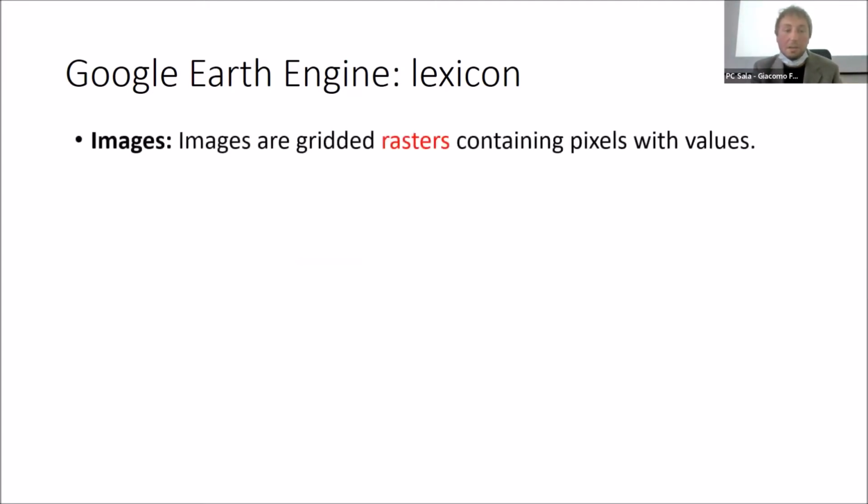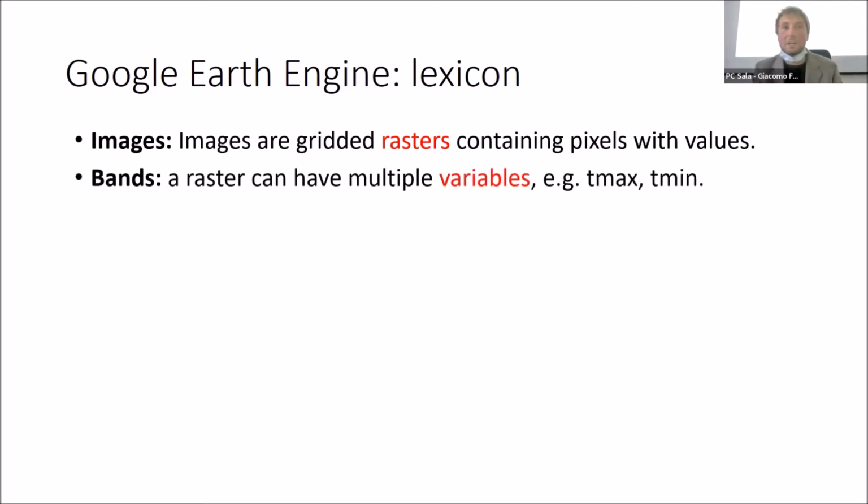So in particular, when you hear about an image in Google Earth Engine, an image is a raster. So every time there is a function calling something with image, then it means that you're working with raster data. An image can have different bands, and bands simply means different variables.